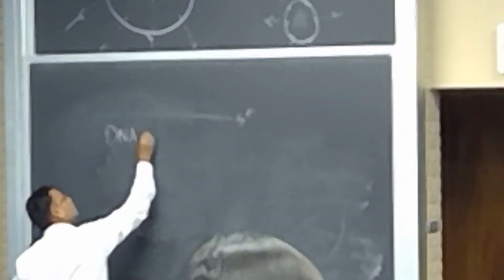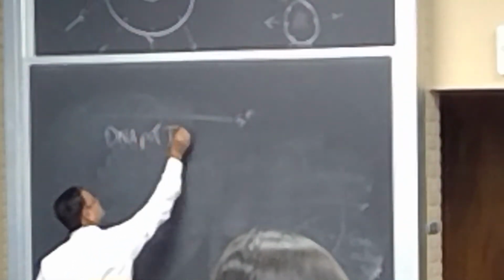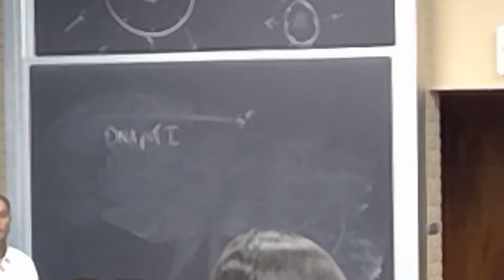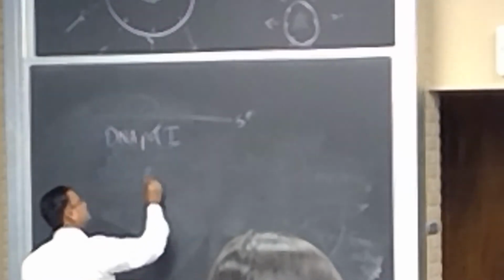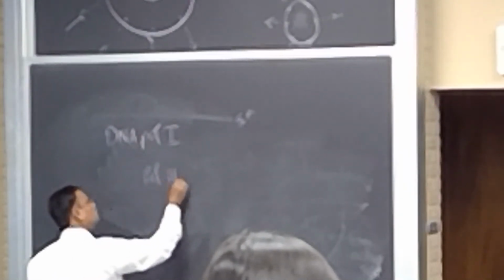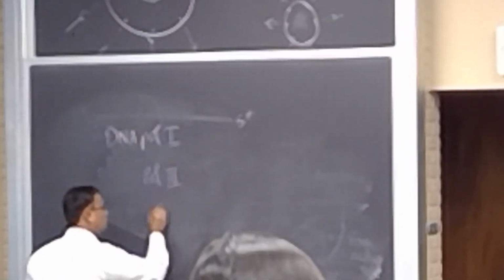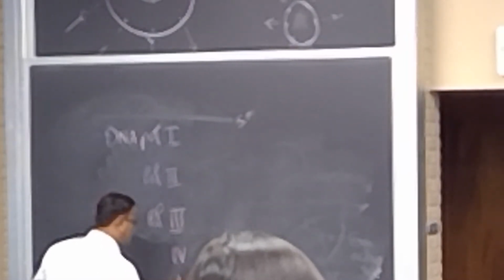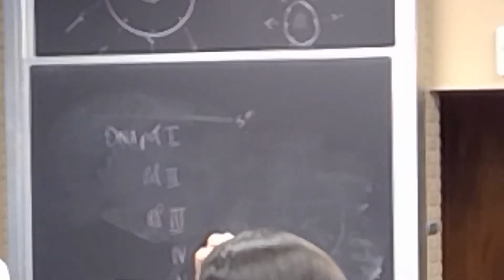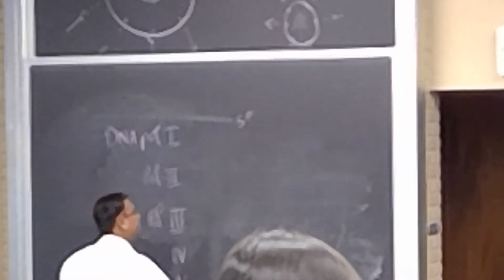DNA polymerase 1 was first discovered, and it is one of the most abundant DNA polymerases. Later on it was realized that there are others: Pol 2, Pol 3, and now Pol 4 and 5. These are all different E. coli DNA polymerases.